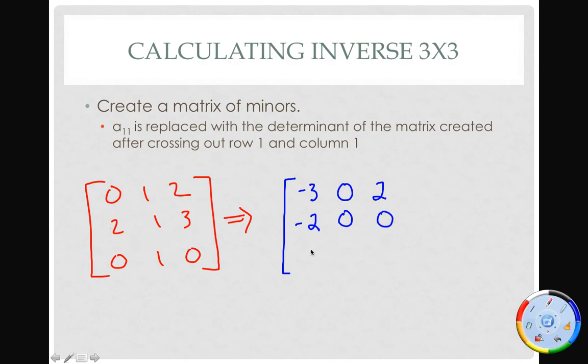Good. Row and column, I get 3 minus 2, which is 1. For row 3, column 2, I get 0 minus 4, which is -4. And lastly, I get 0 minus 2, which is -2. Once you get the hang of this, it actually goes pretty quick.